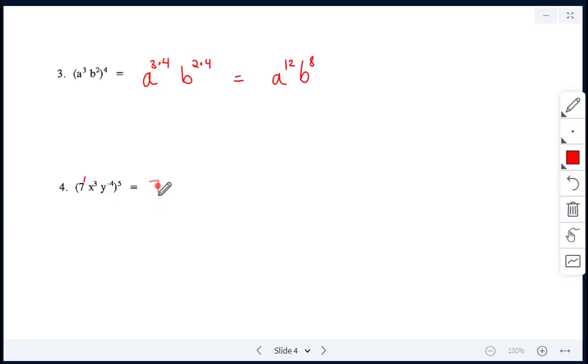So we're going to have 7 to the power of 1 times 5, x to the power of 3 times 5, and then y to the power, and that is a negative 4 there, so it's y to the power of negative 4 times 5. All right, so that gives us 7 to the power of 5, x to the power of 15, and y to the power of negative 20.